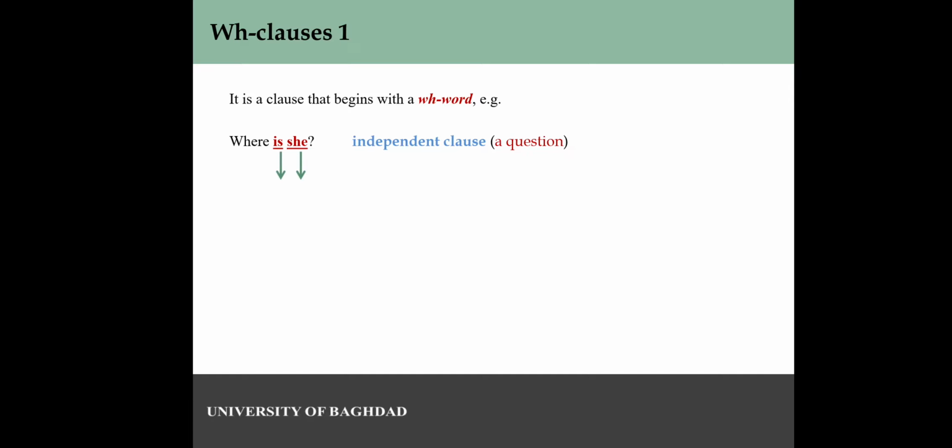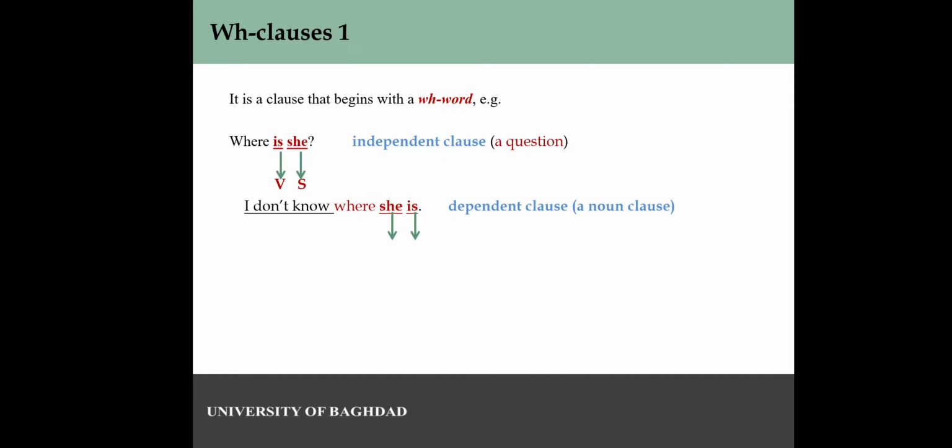Moving on to the second type, which is WH clauses. It's a clause that begins with a WH word. Let's first of all have a look at this sentence. Where is she? This is an independent clause. It is a main clause. It's a question. Why? Because the verb precedes the subject. So in order to change this independent clause into a dependent clause, we need a sentence like this. For example, I don't know where she is. Now where she is is a dependent clause.